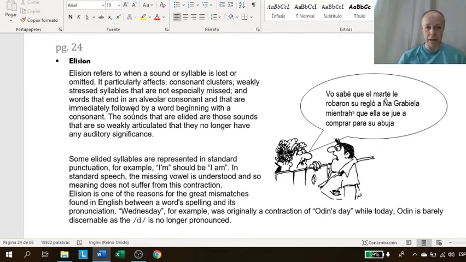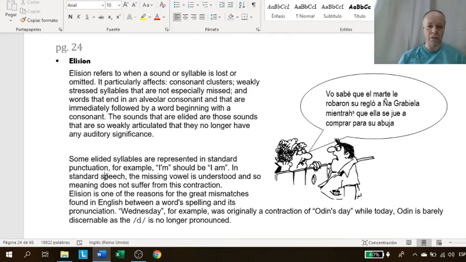Look at this lady talking. She says, "Vos sabés que el martes le robaron su reloj a ña Graviela." "Vos sabés", so the S has been deleted. The same happens with "sabe", "Marte".